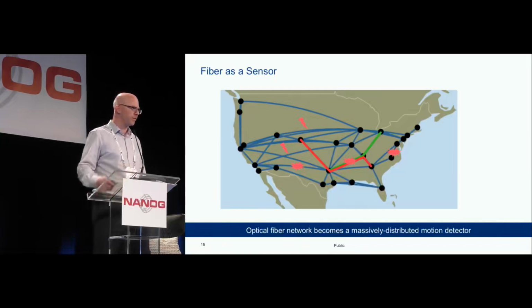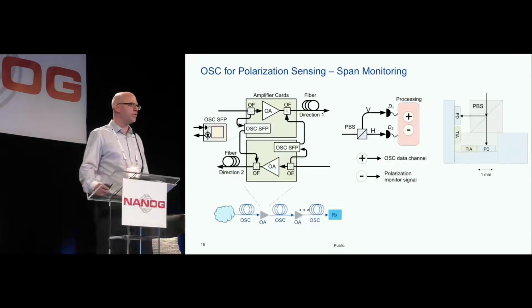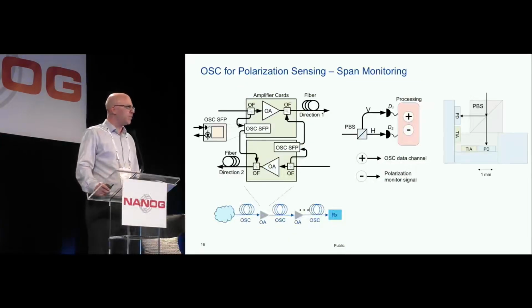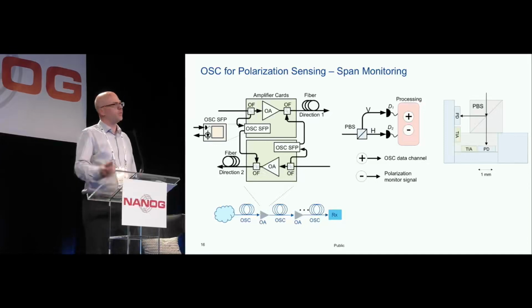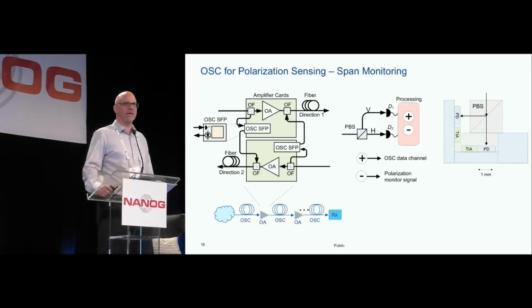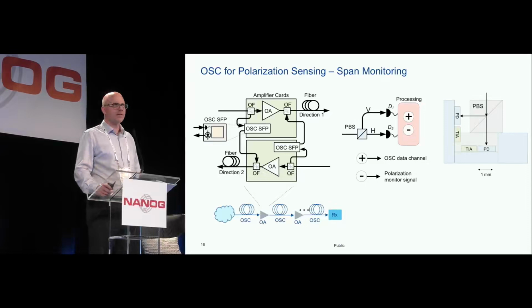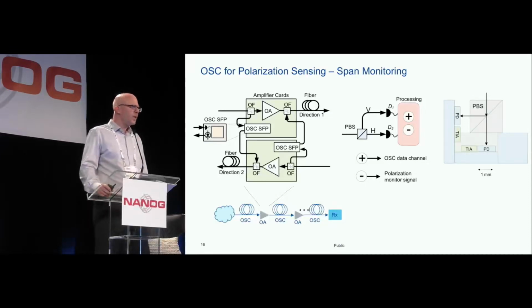So we wanted to turn the optical fiber network into a massively distributed motion detector. For the first method, using span-by-span monitoring, we want to use the optical supervisory channel. The optical supervisory channel doesn't carry customer data, it just carries maintenance data for the transmission system, and it's a single polarization signal.